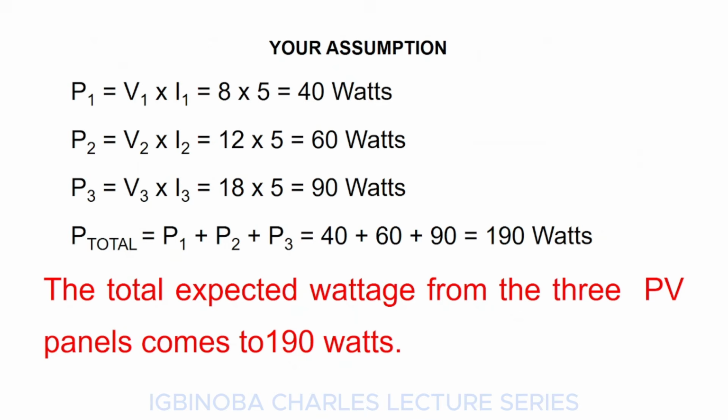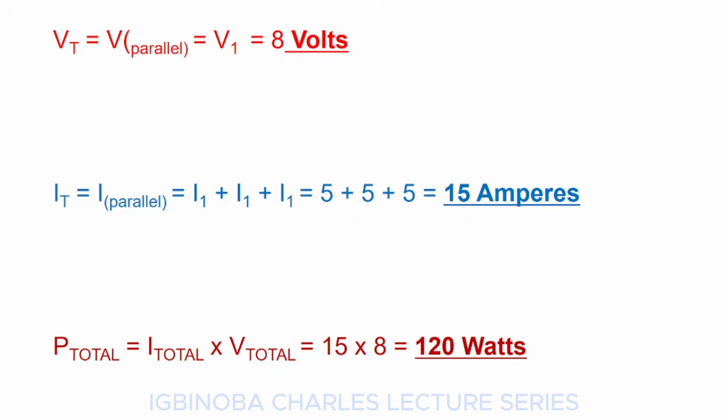So if we apply that law, we notice that our total voltage will now be equal to 8 volts. So by the time we multiply our current times our voltage, we see that our total power for this actual system is 120 watts, which is the correct answer.